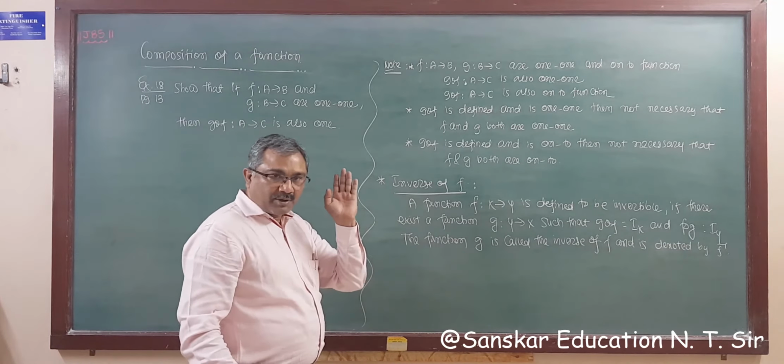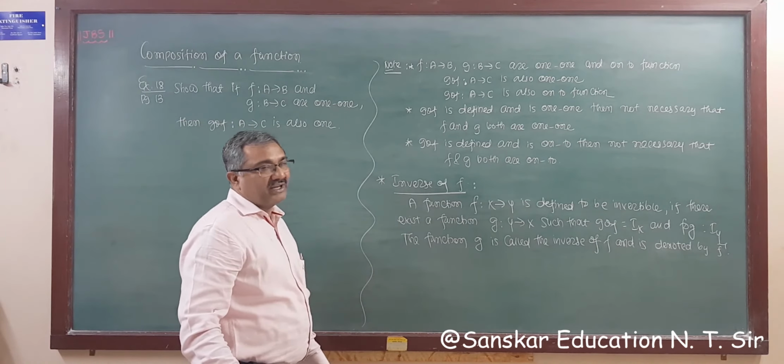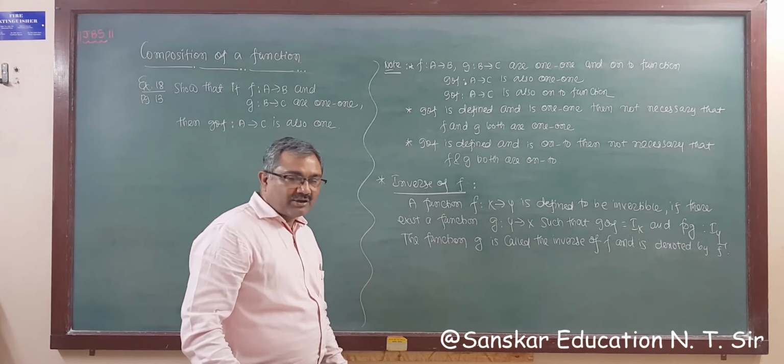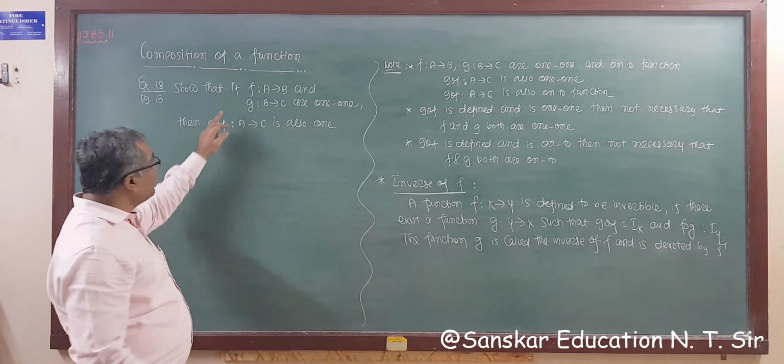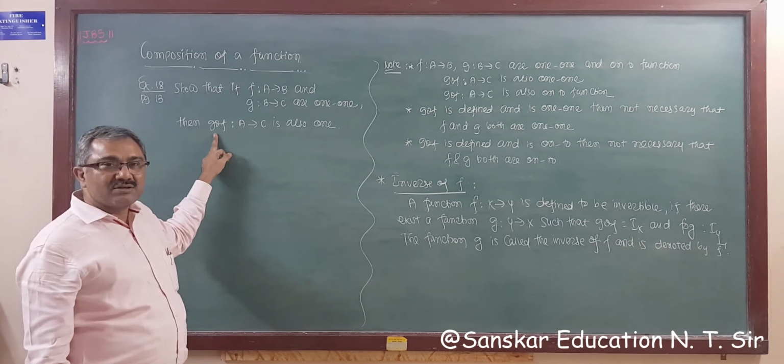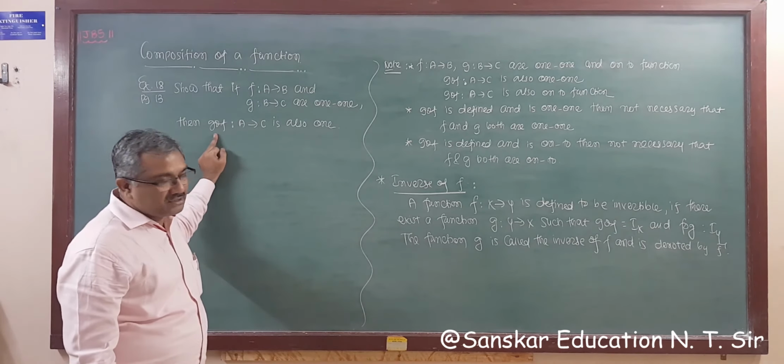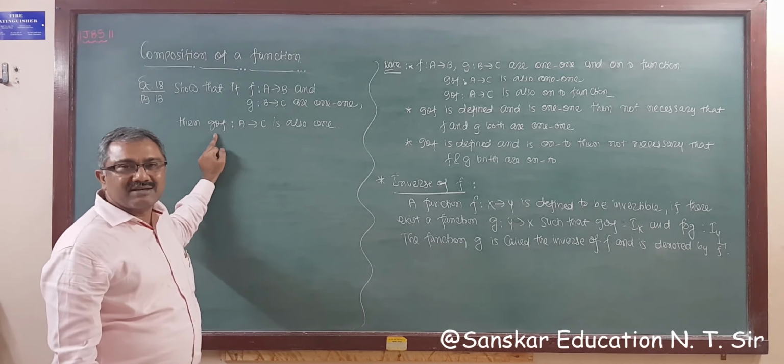If the composite function is defined and both f and g are one-one, then the composition is also one-one. But it is not necessary that if g over f is one-one, then f and g both are one-one functions. But if f and g are both one-one, then the composition is also one-one.